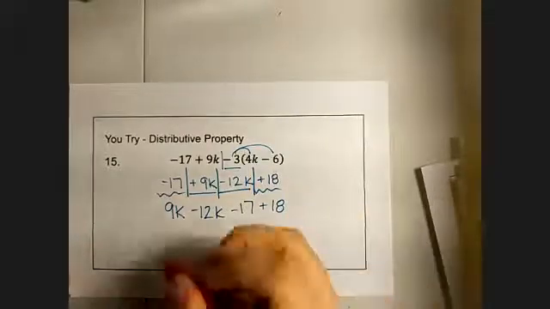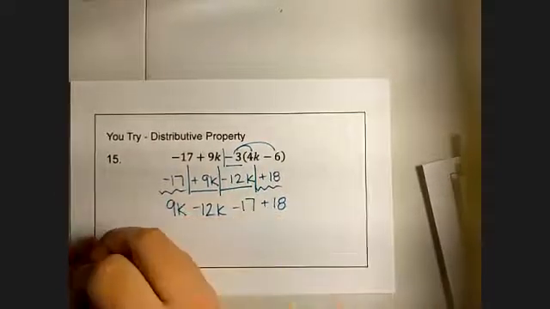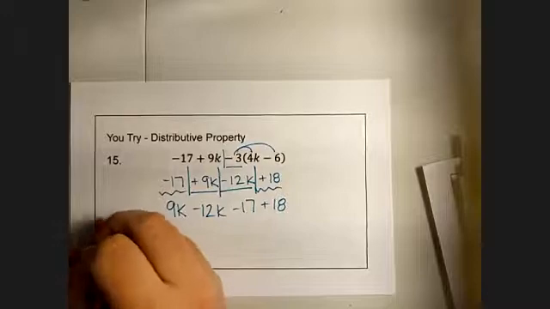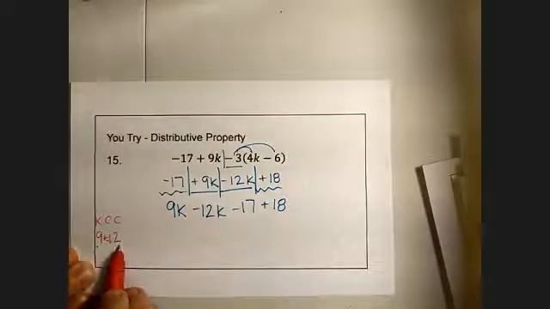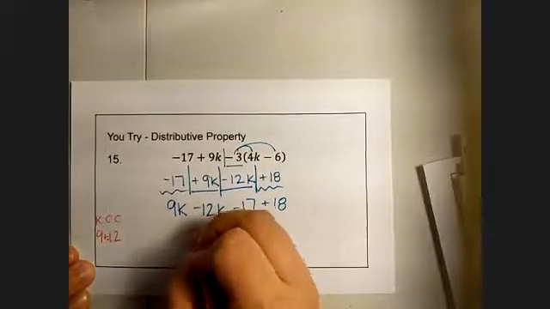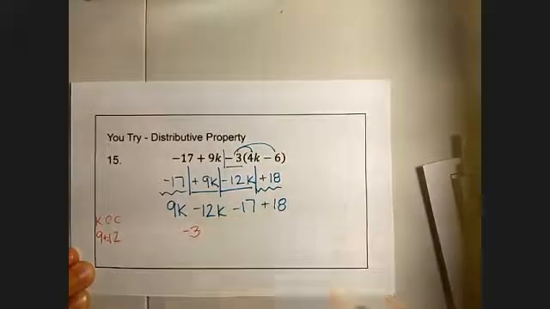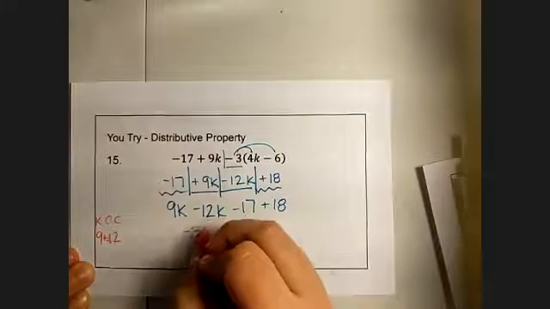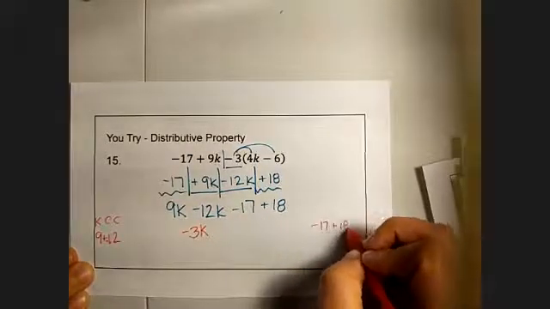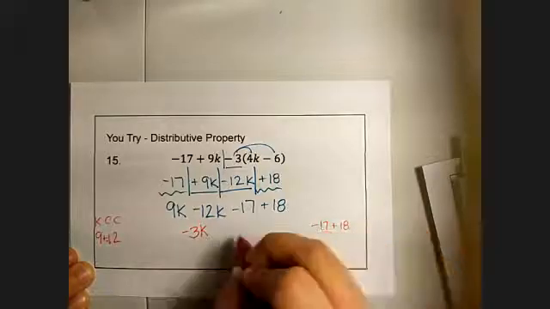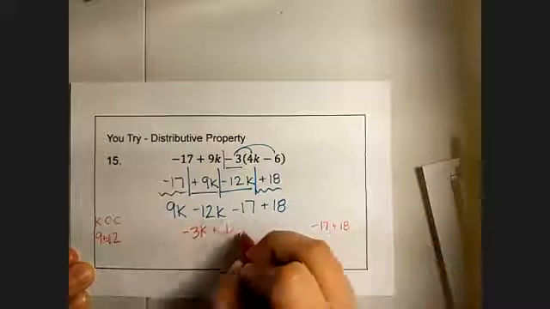So this says 9k minus 12k. So 9 minus 12. Keep, change, change. +9, -12. It's going to give us a subtraction problem, which is 3, but it's negative because the 12 is bigger. Okay. And this is going to be -17 plus 18. Different signs again. You subtract, you get 1, but the 18 is bigger, so it's a positive.